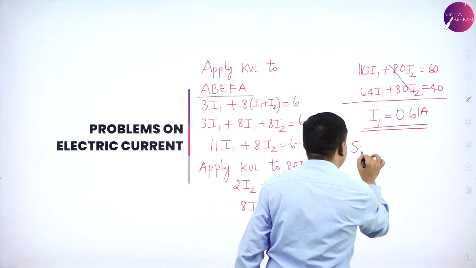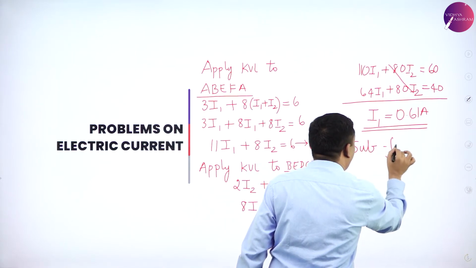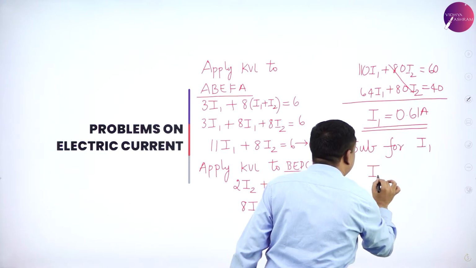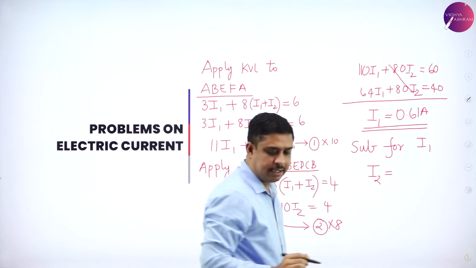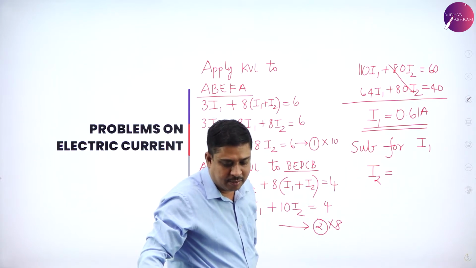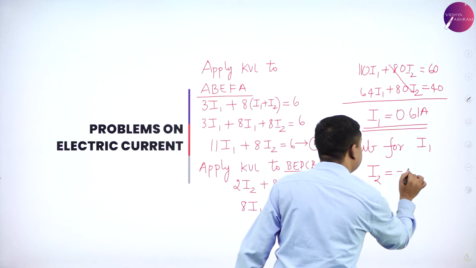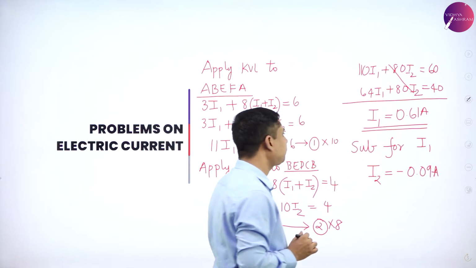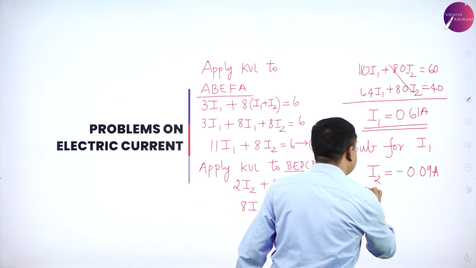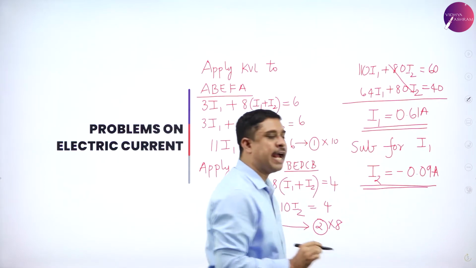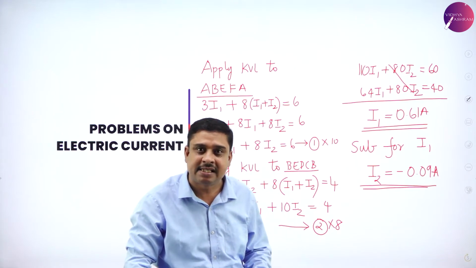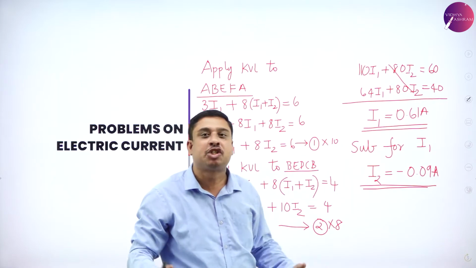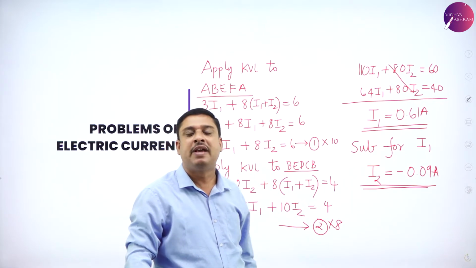So substituting for I1, I2 turns out to be minus 0.09 ampere. This negative sign for I2 means current is flowing in a direction opposite that we have taken.